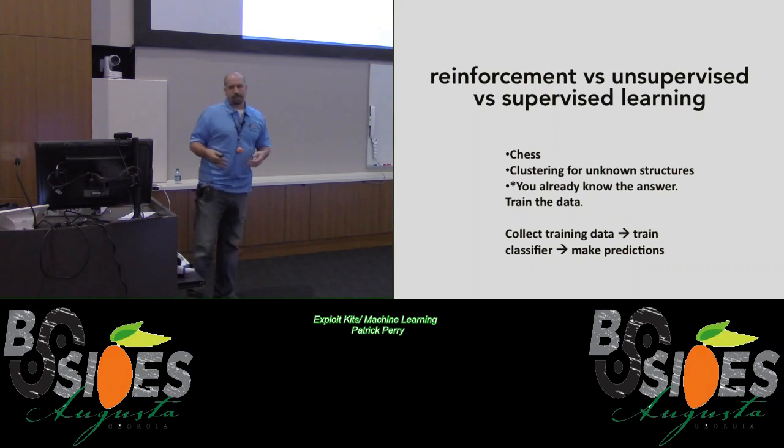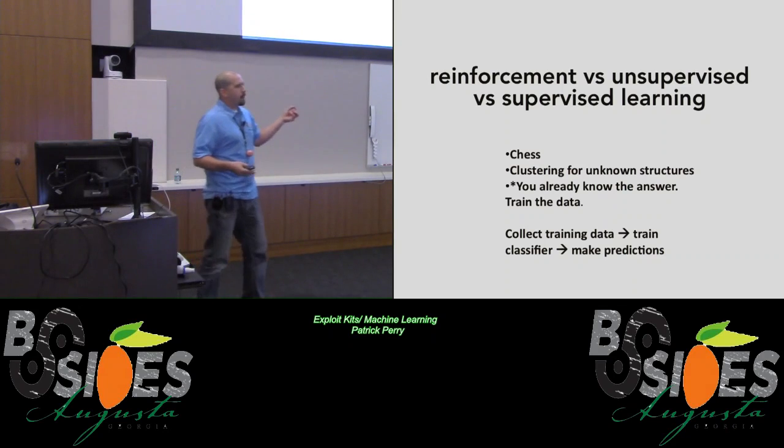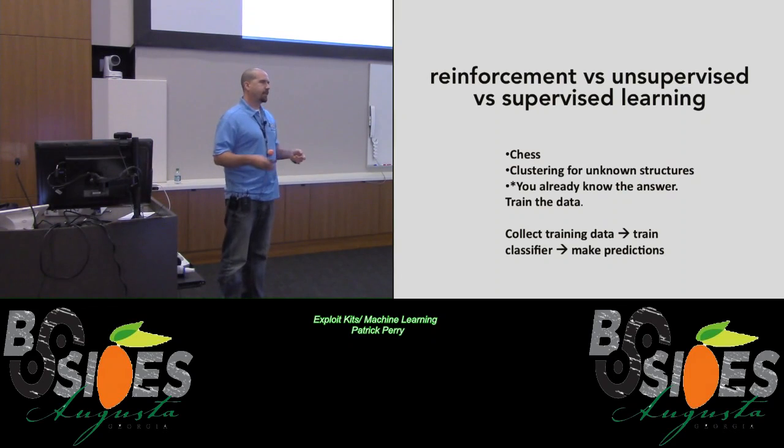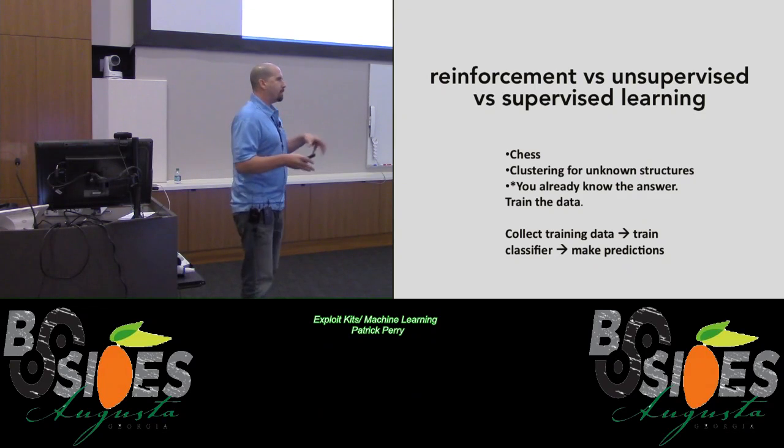The sort of thing I was doing with my example was what's called supervised learning. With supervised learning, the way it works is you essentially already know the answer. So what you have to do is train on the data that you are looking to be able to detect. In my case, if I've got a bunch of PCAPs from exploit kits, I can run that through Bro and generate some data. I know that with this particular data set, these are malicious, so I can use these to train my model.